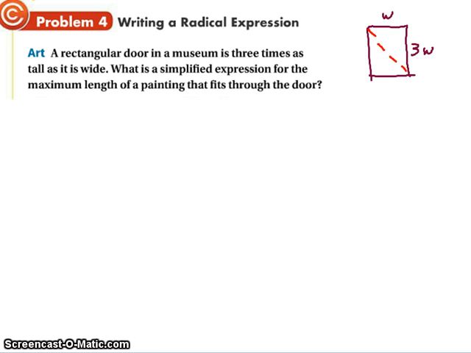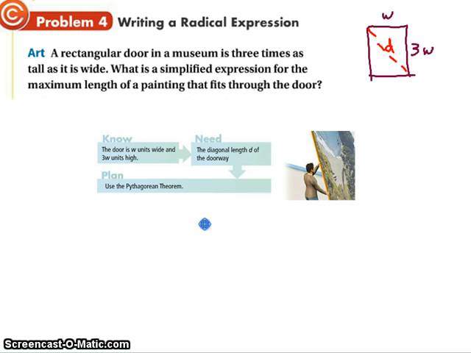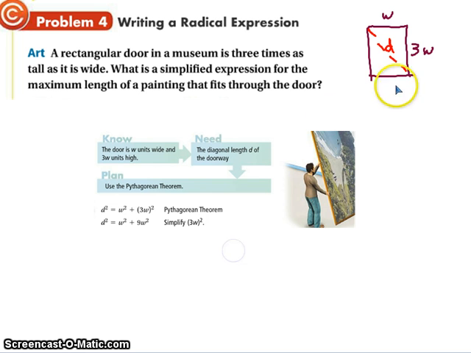So it looks a lot like the Pythagorean theorem. We know we're going to use the Pythagorean theorem. We've got d squared is equal to w squared plus 3w squared. Okay? We get w squared plus 9w squared, so we get 10w squared.